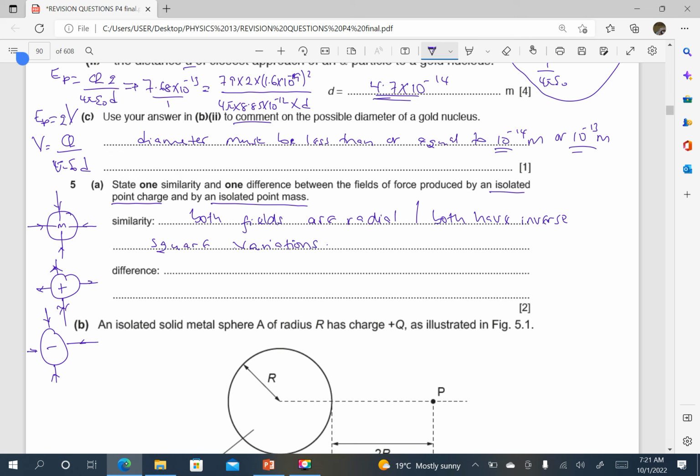Both fields are radial, or it means both have inverse square variations. As we move away from the mass or the charge, the field strength reduces as an inverse square.